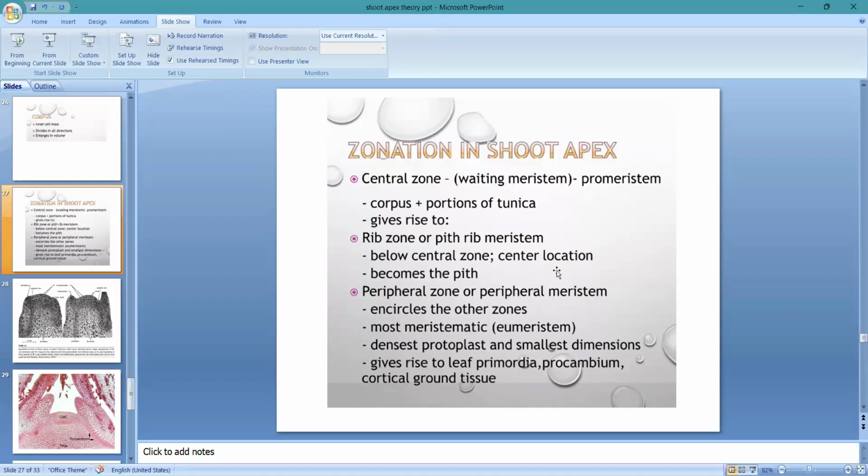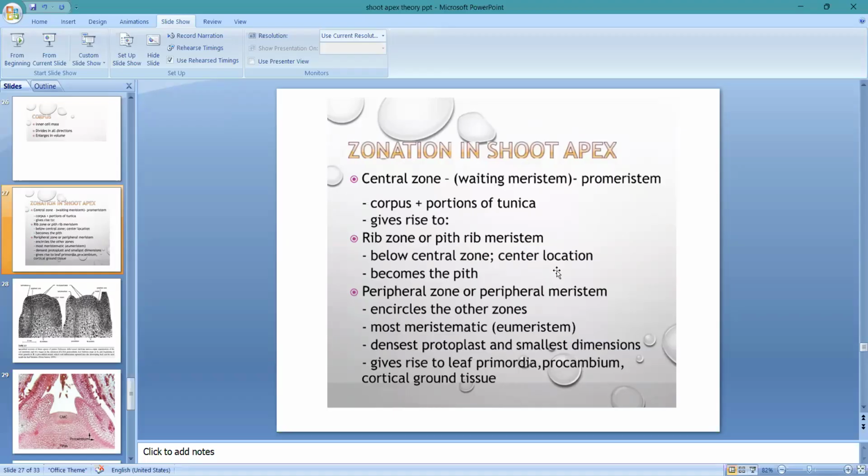According to this theory, they recognized three zones in the apical meristem: the anneau initial, the meristème d'attente, and the meristème médullaire. The anneau initial with the promeristem is equal to tunica, and the meristème d'attente and meristème médullaire in between are equal to corpus. That is the fourth theory actually.